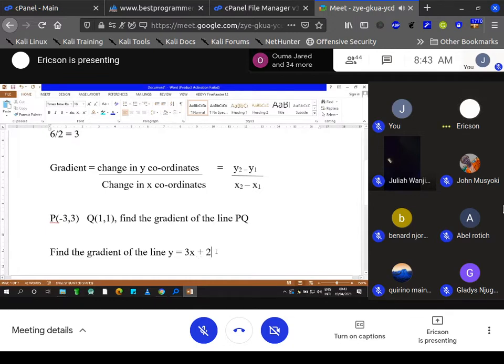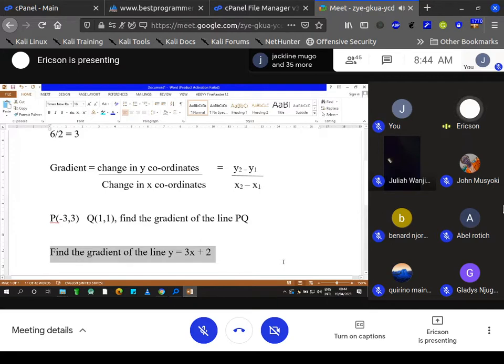Given such a question, you can opt to do it in two ways. You have not been told to plot a graph of this equation.